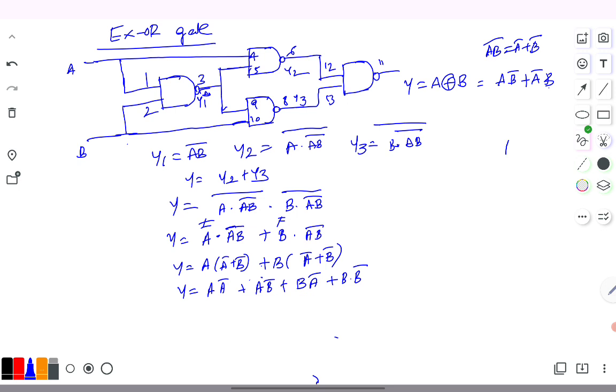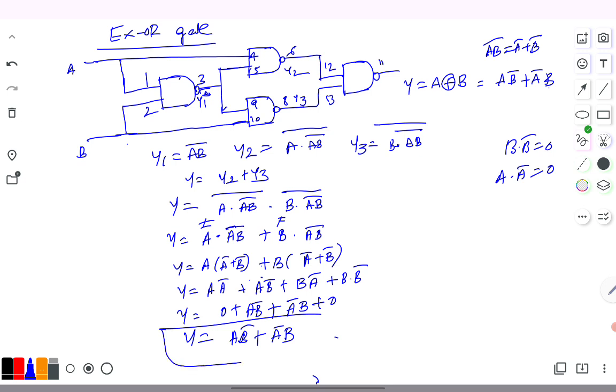Here A A bar is equal to 0, B B bar is equal to 0. Next Y is equal to 0 plus A B bar plus A bar B plus 0. Y is equal to A B bar plus A bar B. This is the Boolean expression.